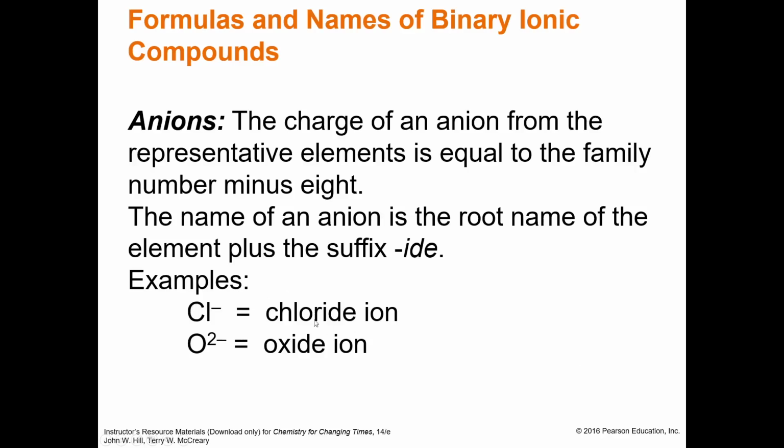It is named chloride ion. It was chlorine, so you change "ine" to "ide," and you put ion at the end. This right here is oxygen. It will gain 2 electrons. It's 2 steps from being a noble gas. Or another way of saying that is it's in group 6, and so minus 8 would be -2.